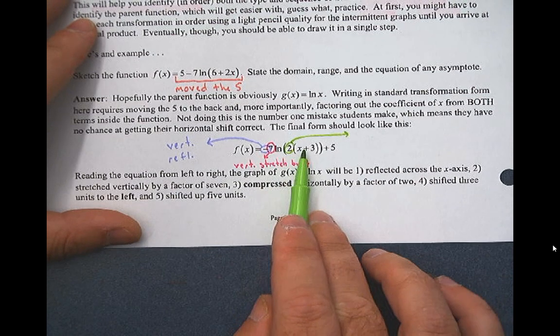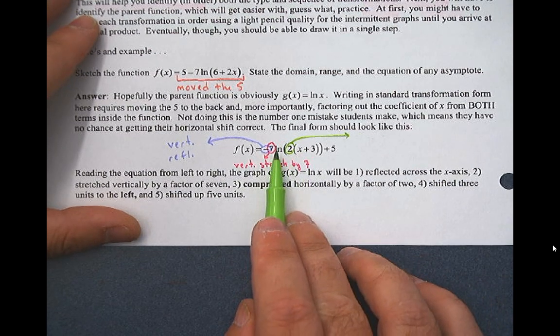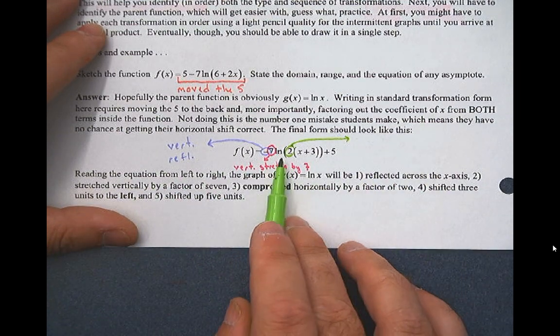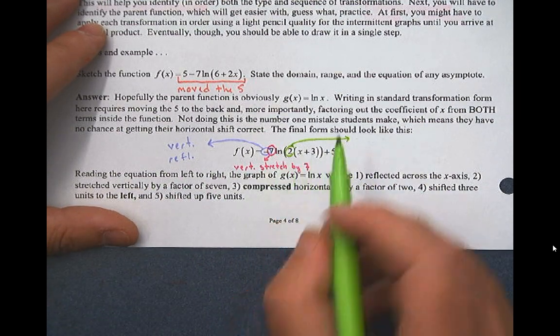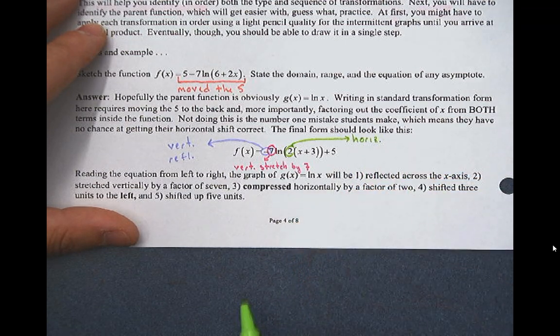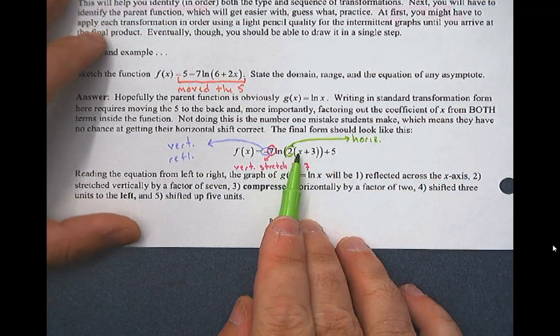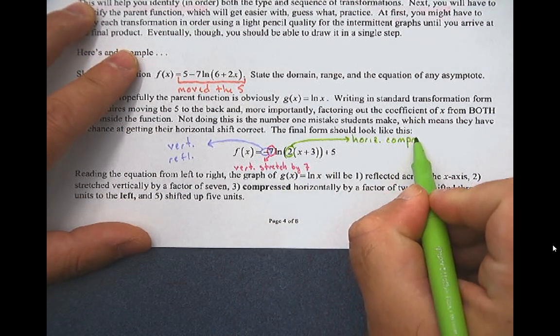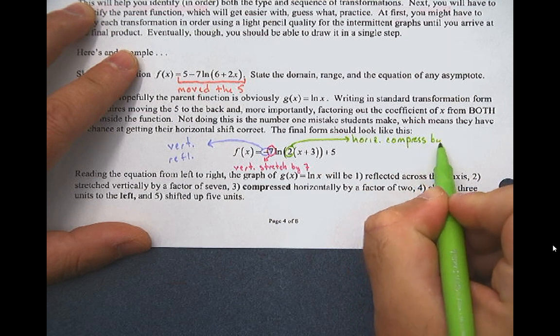Okay, so the 2 is connected to the x. It's not connected to the function. It's inside of the function. Those do the inverse of what you would think it would do. So this multiplies by 2. First of all, it's connected to x, so it's a horizontal. It's a multiply by 2, which is actually going to compress by 2.